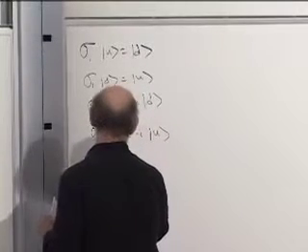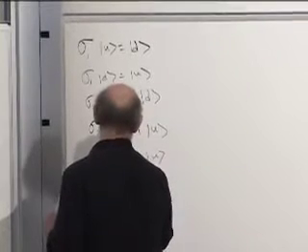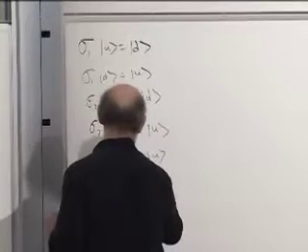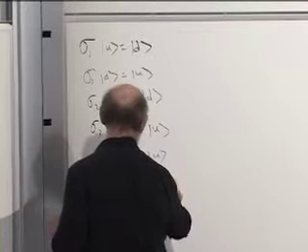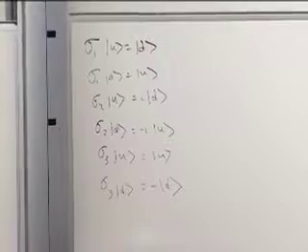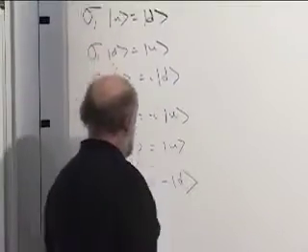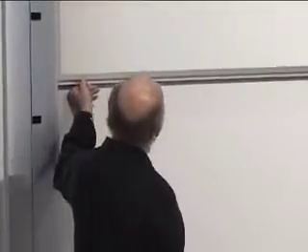And sigma 3 on up is up, and sigma 3 on down is minus down. That's the action of the matrices sigma 1, sigma 2, and sigma 3 on the eigenstates of sigma 3 itself. So we'll make reference to that list as we go along.